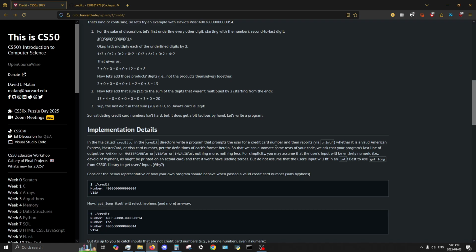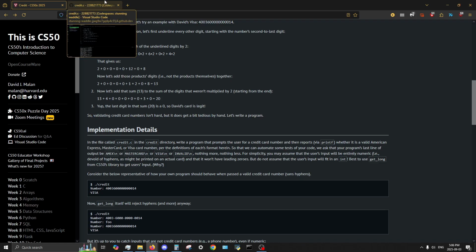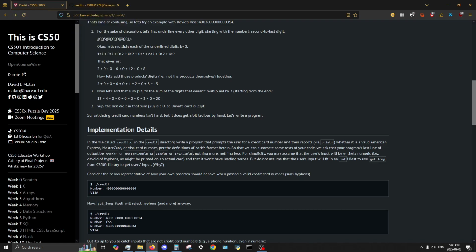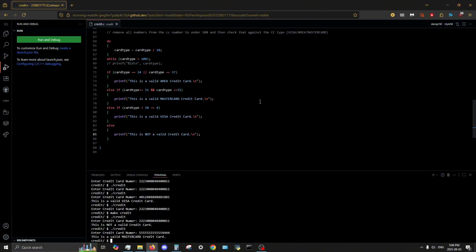So that we can automate some tests on your code, we ask that your program's last line of output be Amex, MasterCard, no dot, right?